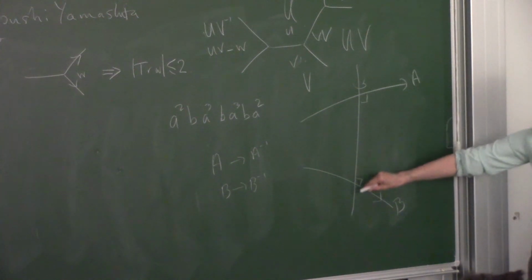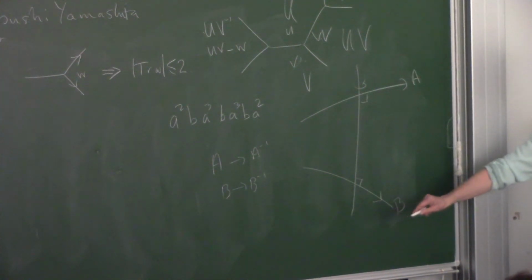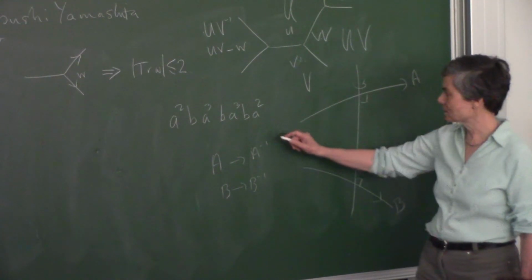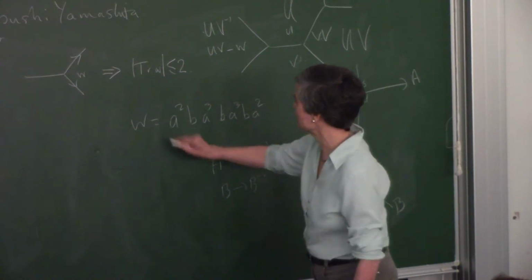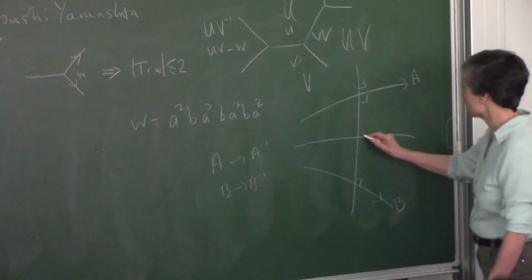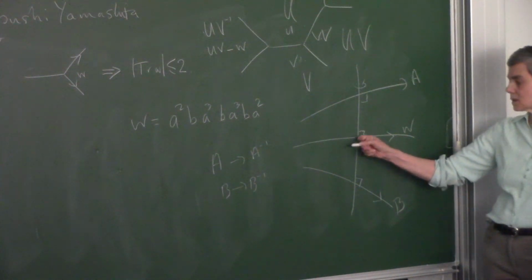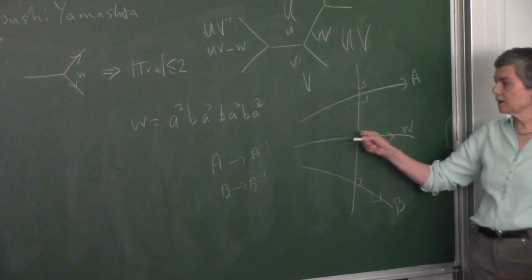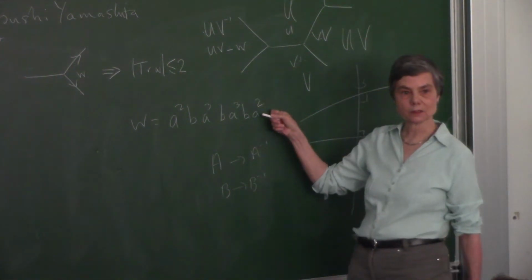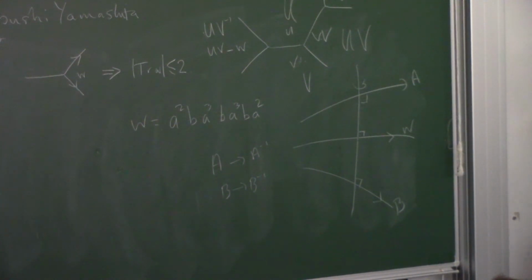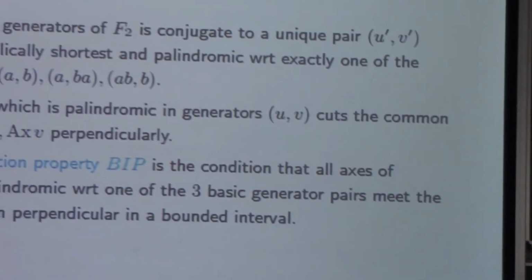So it sends this common perpendicular to itself, and it's easy to check that if this word is W, then the axis of W goes through this common perpendicular and hits it perpendicularly if and only if this word is palindromic. Nice little lemma.